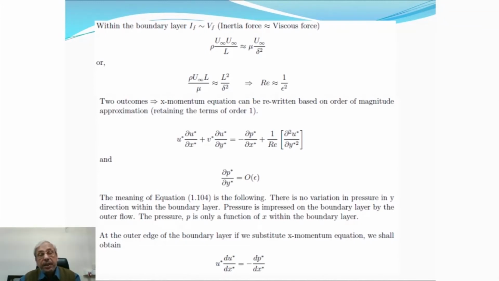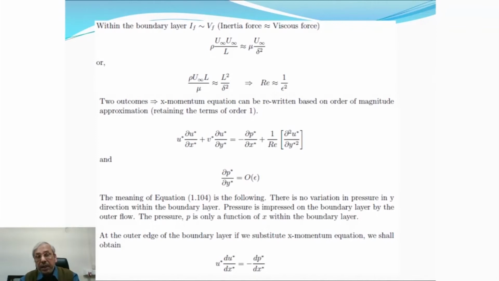In Y direction, at any X location, whatever is the pressure outside the boundary layer, that is the pressure on the solid surface. At another X, whatever is the pressure outside the boundary layer, that is the pressure on the solid surface. So pressure on the solid surface will be determined by the pressure distribution in the X direction outside the boundary layer.